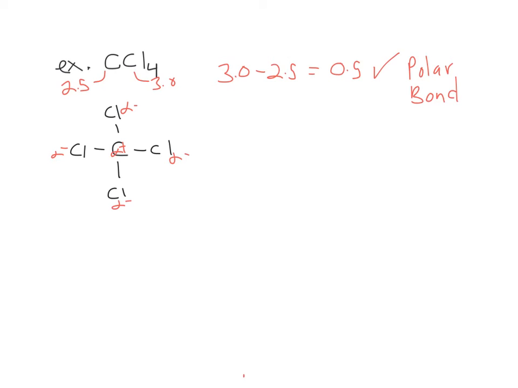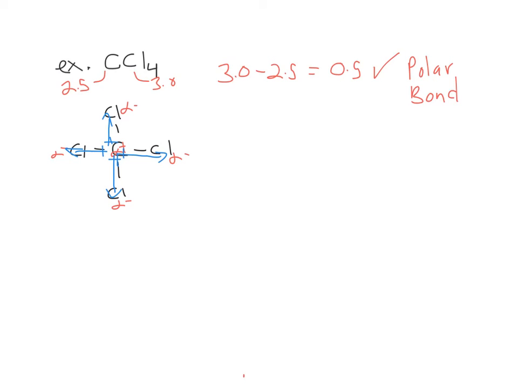So if we draw our arrows from our positive to our negatives, they're all going in the opposite direction. So that means that we have no direction of charge. So we have a non-polar molecule.